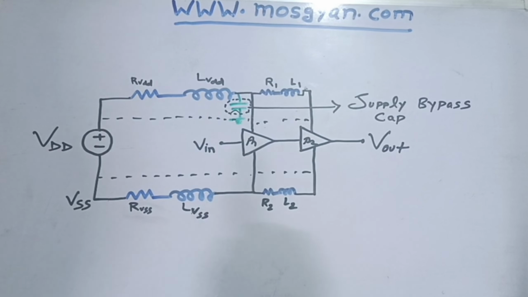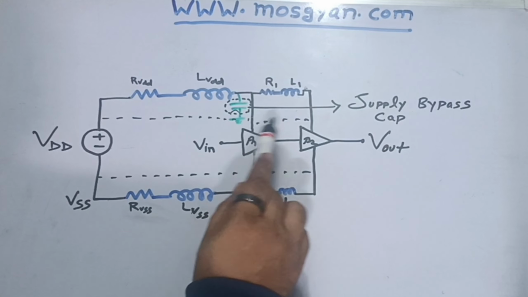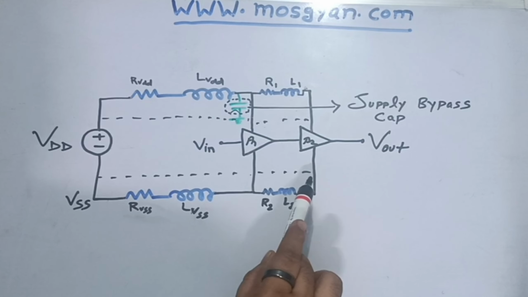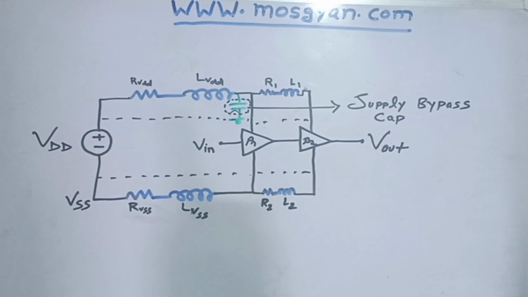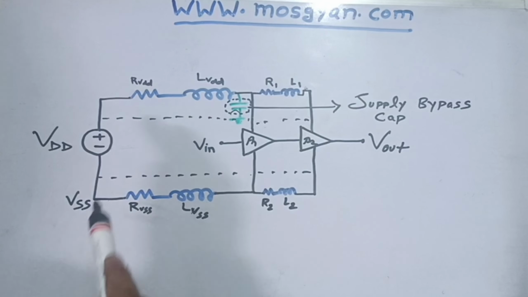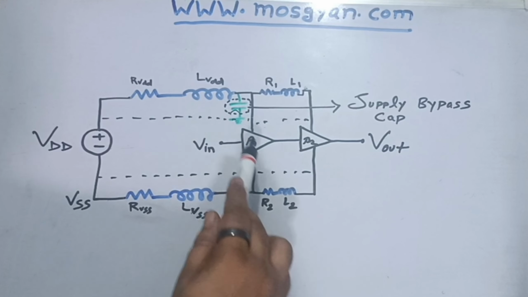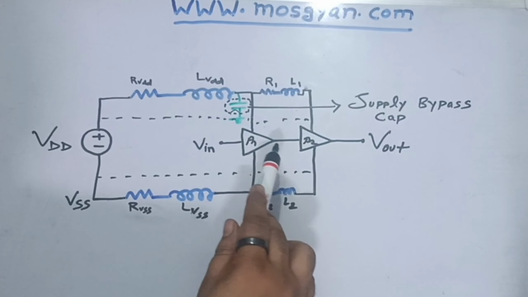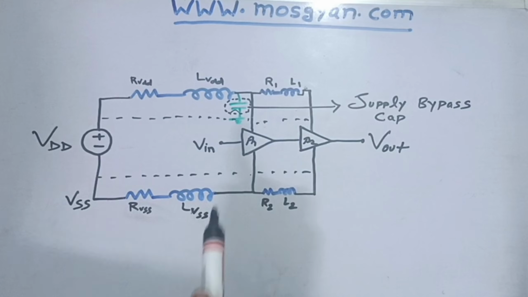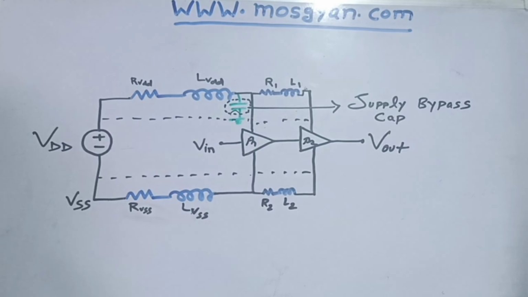So now you can understand, ideally we wanted the same supply and same ground for both the op-amps, but because of this practical nature of metals, which offer resistance and inductance, both the op-amps will not face the same supply and same ground. Both will face different supply and different ground.